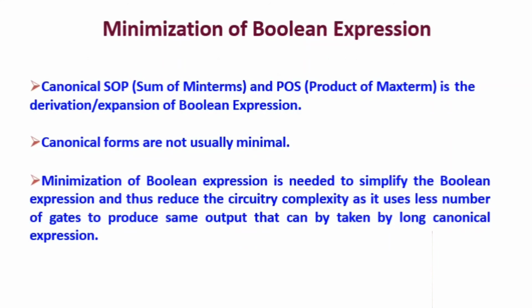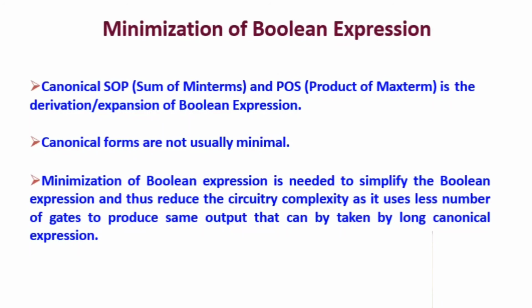Now we have seen this. We can minimize these Boolean expressions either by using Boolean laws or by using some special methods, but there are some issues we have to take into consideration. If 5 students are solving a question using Boolean laws, then all 5 might not have the same steps.